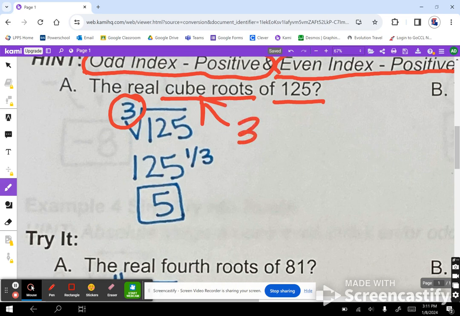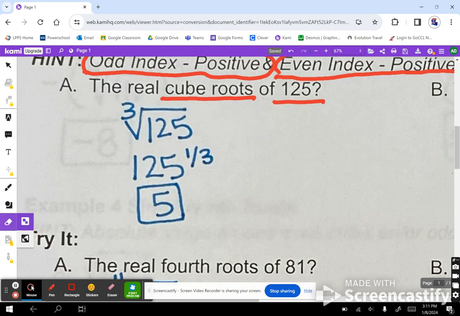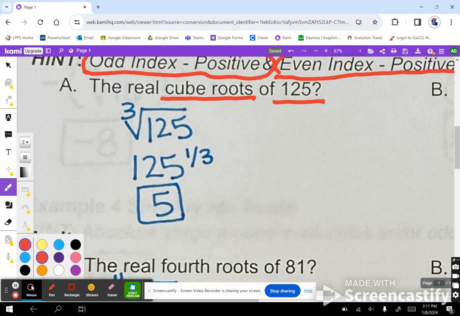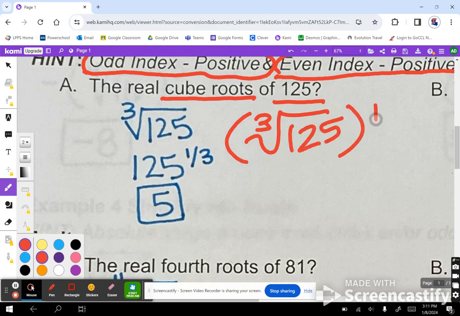So as you can see there, we wrote the cube root of 125. You may or may not see this written also as the cube root of 125 with parentheses and an understood 1. But 9 times out of 10, you're going to see it written like this. You're not going to see a 1 out there.